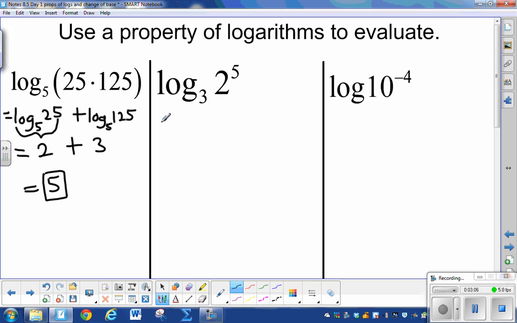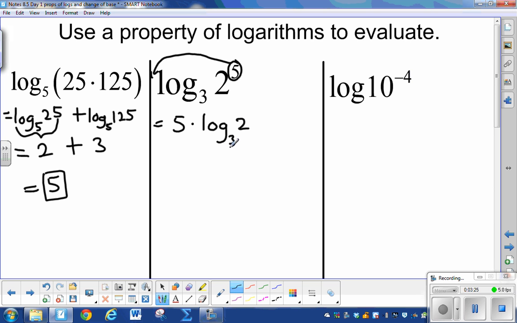Okay, this next part, I forgot, I didn't show you guys the change of base formula. But for this one, same kind of thing, we have the power property. Since we have a power here, we can drop that power down to the front. So this is the same thing as 5 times log base 3 of 2.